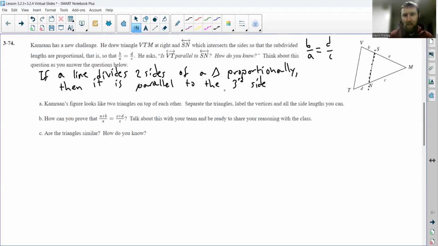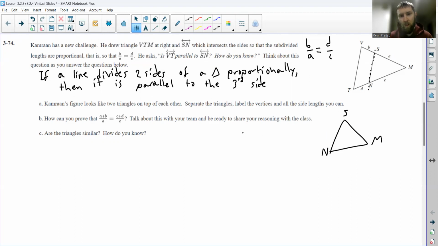Okay, and I can prove it to you by drawing these two triangles separately and dealing with their side lengths, and using the side angle side similarity shortcut again to prove that they're similar. So let me do that here. I'm going to take this triangle here, and I'm going to call this one MSN. MSN Messenger. Anybody remember that?